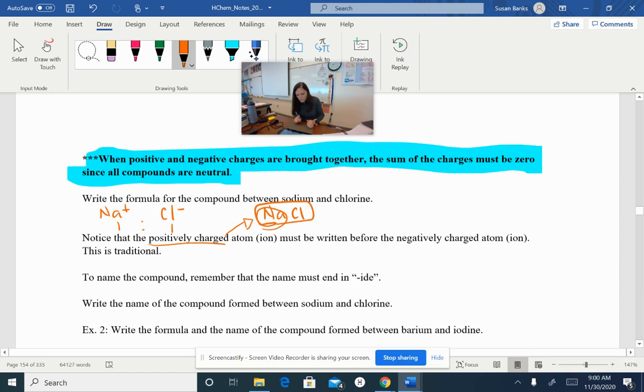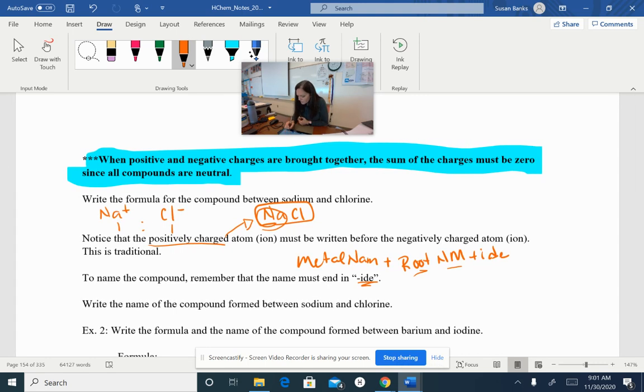Okay, so to name this compound, remember that the nonmetal is going to end in "ide." We always take the root of the nonmetal and we add on "ide." Okay, so we take the name of the metal, we take that full name, and then we have the root of the nonmetal and we add on "ide."